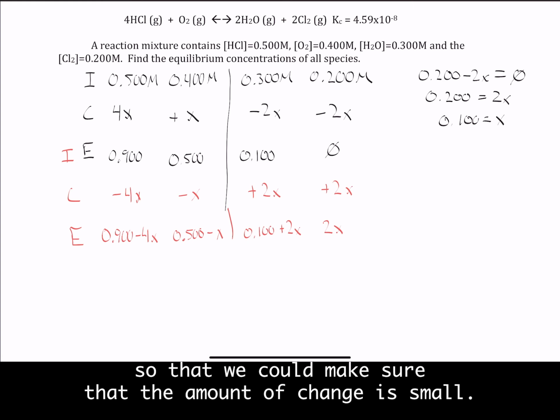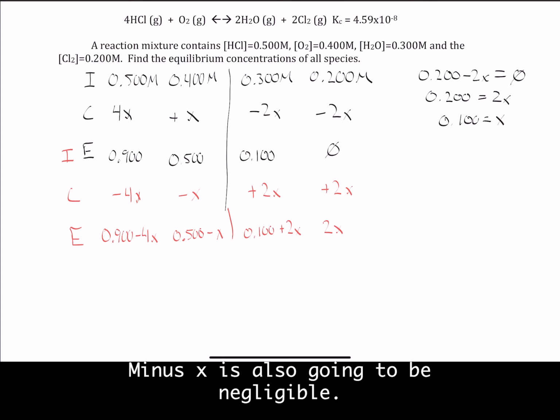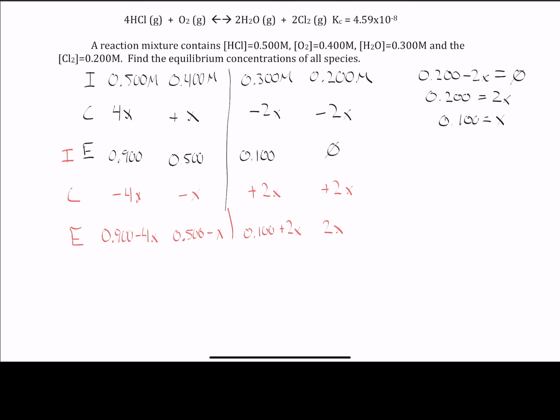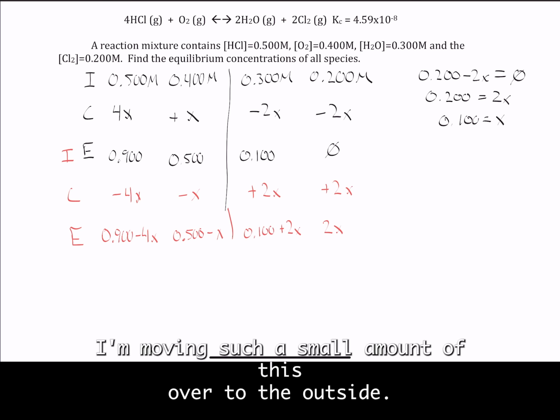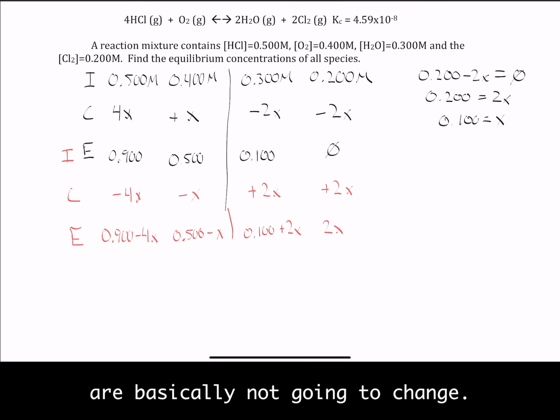And we did all of this so that we could make sure that the amount of change is small. So we know this is going to be mostly in the reactants. So 0.9 plus even 4 times whatever x is is basically going to be 0, so that'll be negligible. Or it's minus 4x. 0.5 minus x is also going to be negligible. And even 0.1 plus 2x is going to be negligible. I'm moving such a small amount of this over to that side, because that K is times 10 to the negative 8, that any of these things that still have concentrations are basically not going to change.